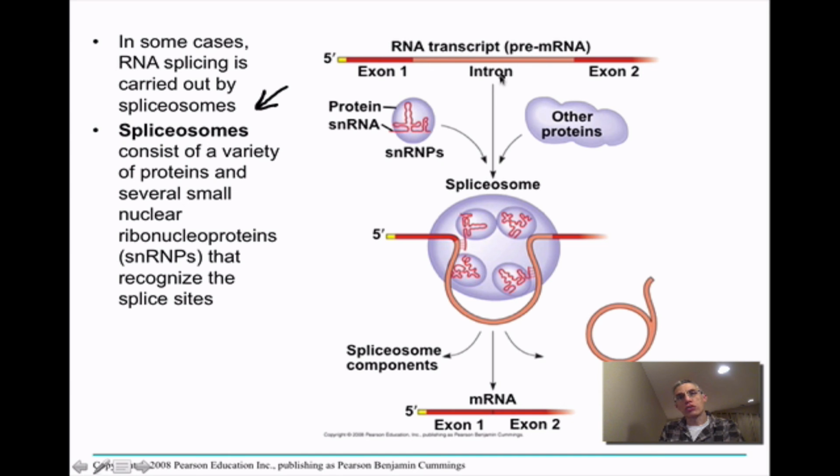If you notice, we have an intron, that non-coding region, so these spliceosomes and maybe some other proteins are going to come in, they're going to recognize this region and basically splice it or take it out. And again, what we need to do towards the end is take those remaining exons and bring them back together, or splice them back together. So this is a special molecule that's going to help to encourage this process to happen.